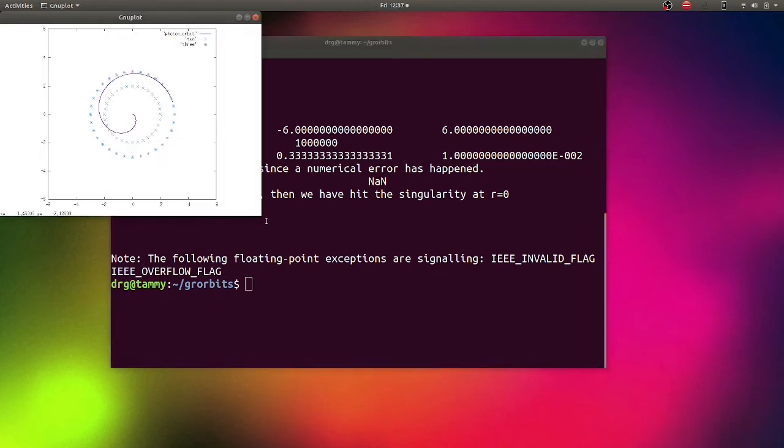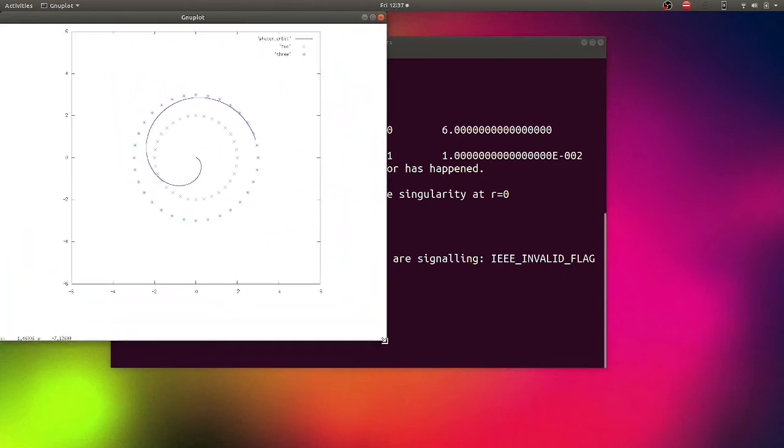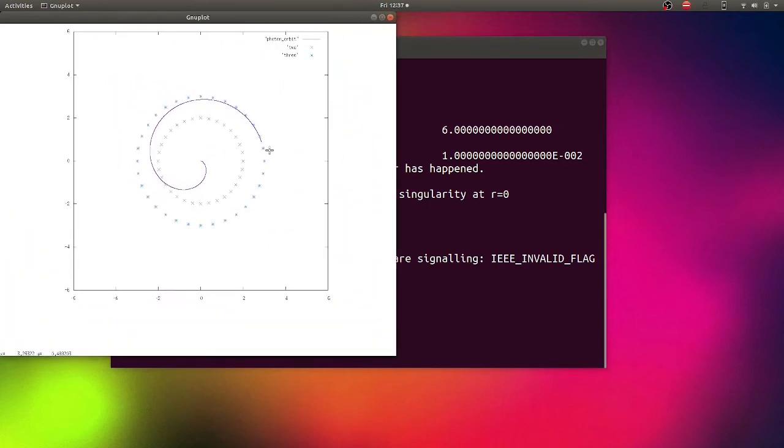In terms of the picture, initially we are on the photon sphere. As we proceed, though, things begin to change. Here, we are definitely inside the photon sphere, but we are still outside of the event horizon.